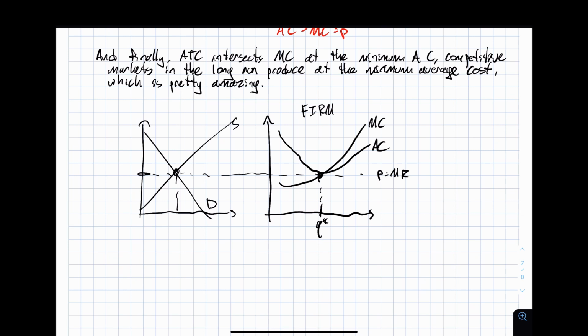Now, when demand goes up, we get the shift out, say D prime, in the demand curve, which increases our quantity. We have Q prime, P, and P prime.